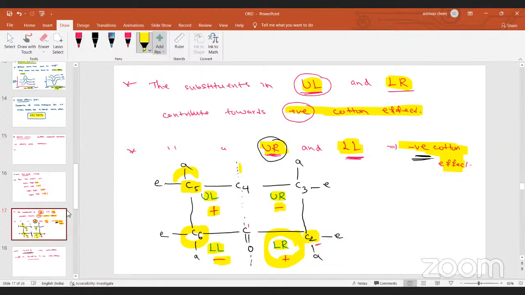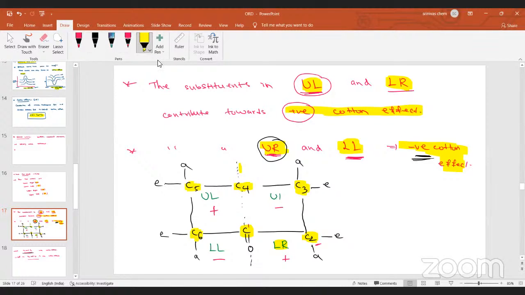So see the structure of cyclohexanone. I'm taking a cyclohexanone. This is C1 carbon, C2, C3, C4, C5, C6.